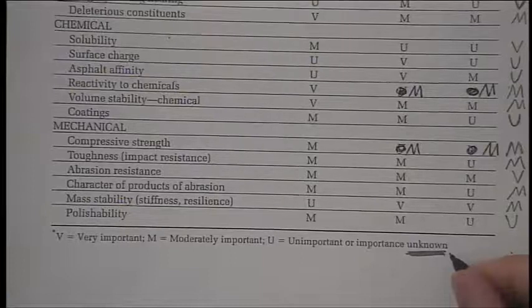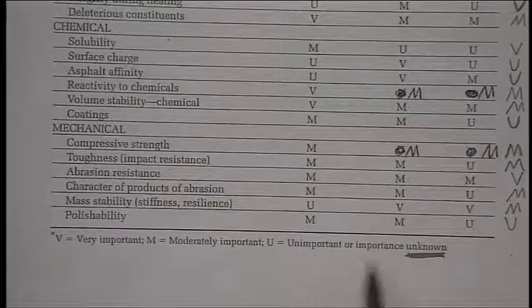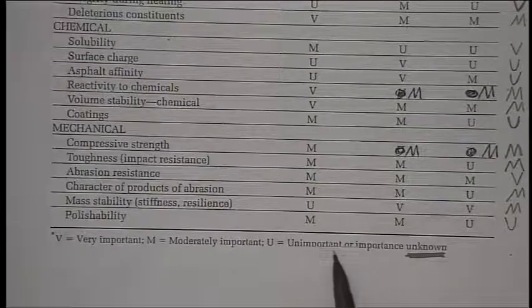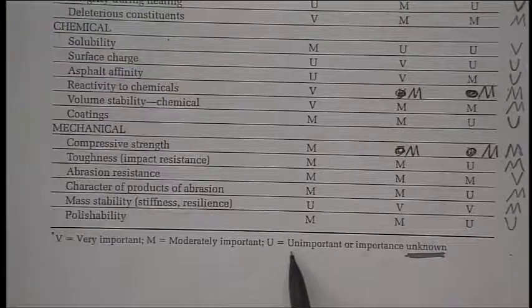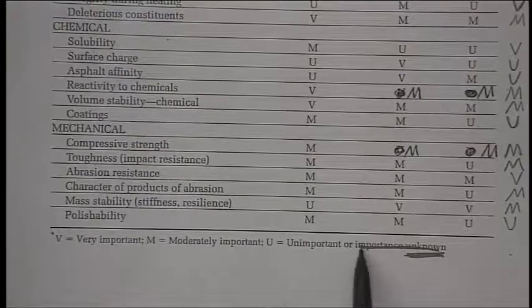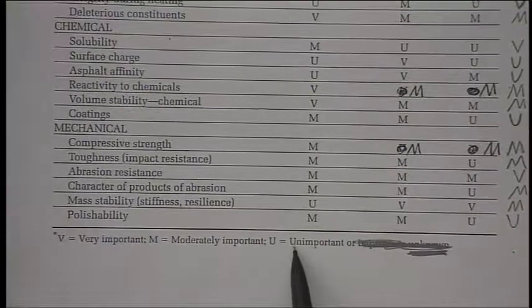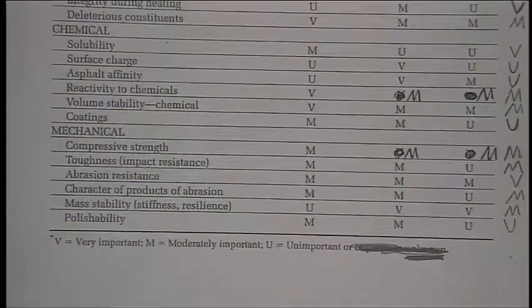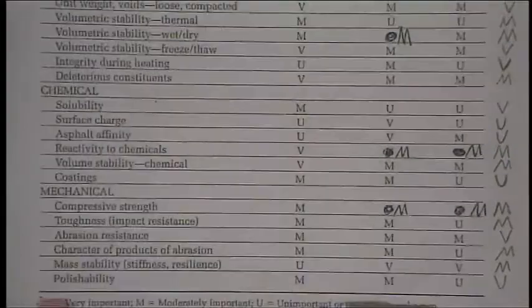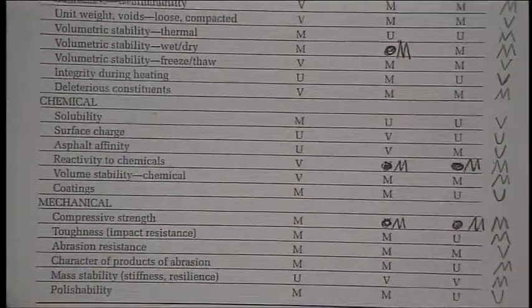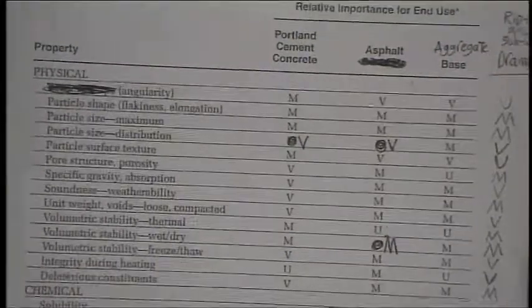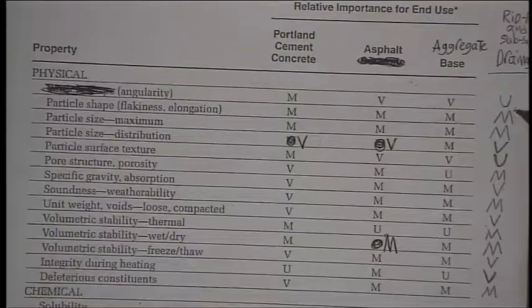But for the most part, a lot of these I actually went through and looked at. I don't think that is necessarily an acceptable answer for me. I think it's more of U is unimportant. So I went through and re-looked to make sure that these were acceptable values for me.